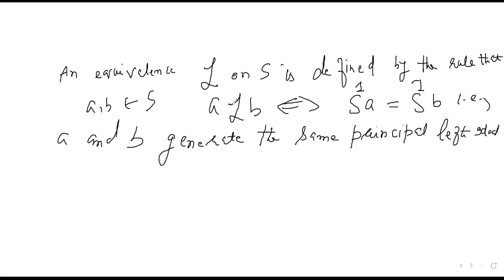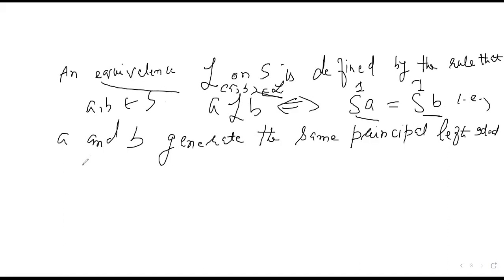So we say that ALB. ALB means that the pair A, B belongs to the relation L. And it is of course an equivalence. I will not verify that this L is an equivalence because it is straightforward.